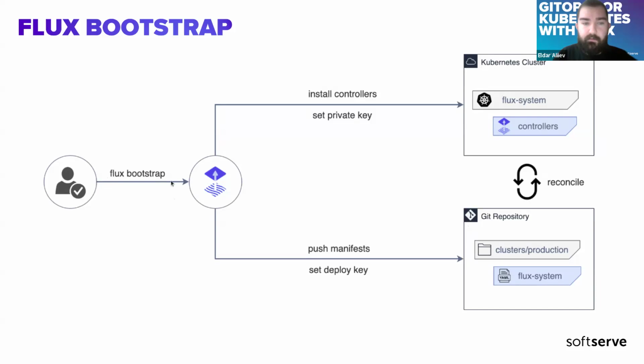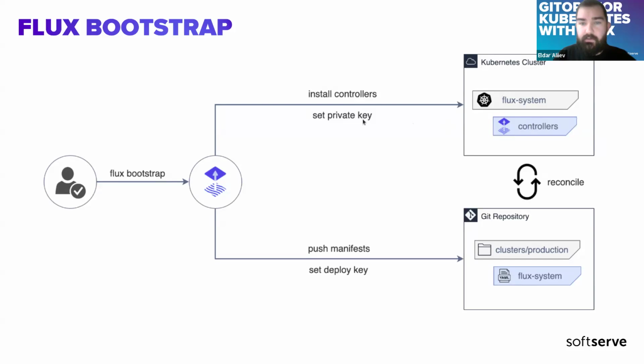On the first stage, it will render the manifests and push them to the Git repo. On the second stage, it will install the controllers from the manifests in your Git repo, and for the controllers, it will set this private key.